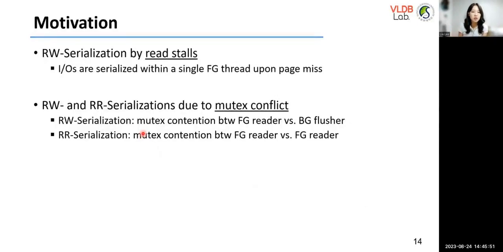The second one is read-write serialization between the foreground reader and the background flusher. And the final one is read-read serialization between the foreground readers. The last two serializations both occur because they require LRU mutex acquisition before doing any operation that manipulates the LRU list.